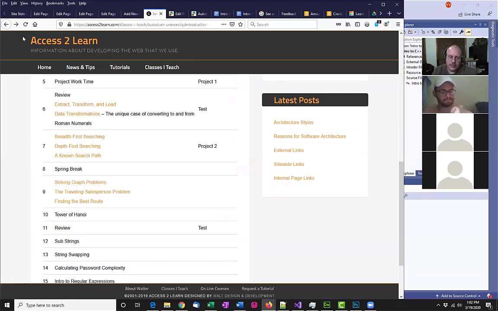Next week, we're going to start talking about something called a Tower of Hanoi. It actually has a couple different names attached to it. It's an interesting problem because it's a recursion problem, and it's also a very nasty algorithm as far as how many steps it takes to do something.